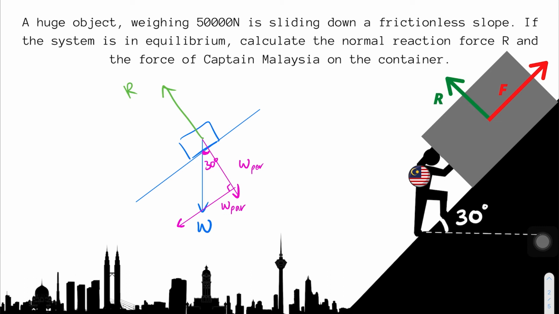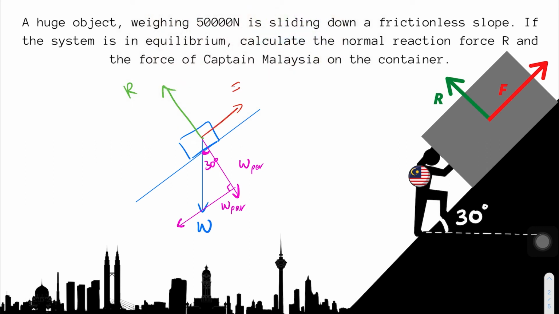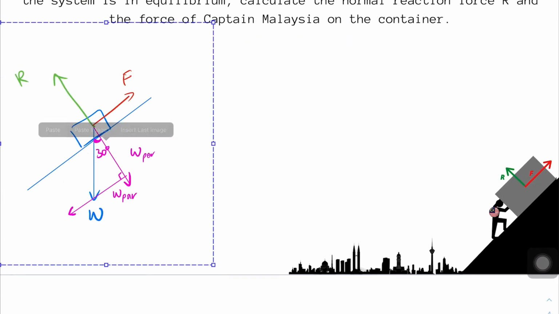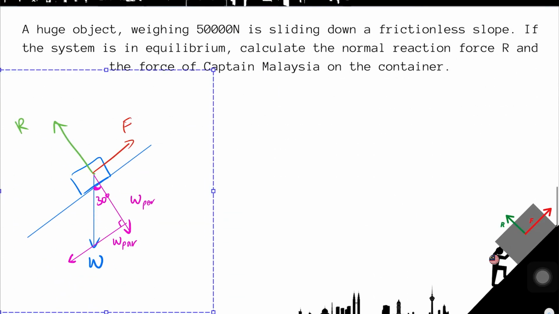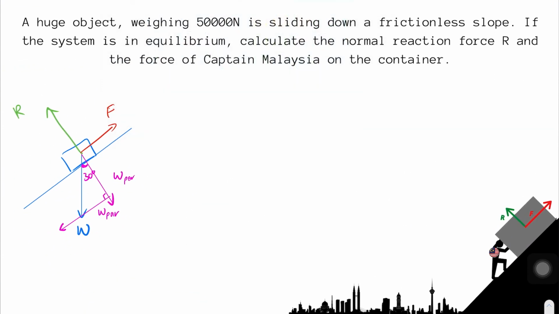On any axis, the forces must be balanced. And the parallel component of the weight, since it is on the same axis as F, must also equal F.